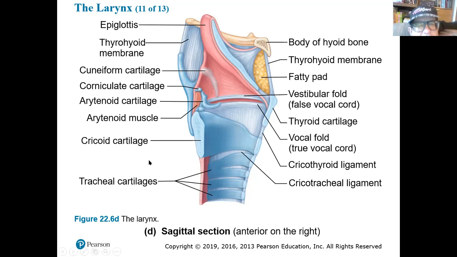Anything else in here? Let's point out again. So the epiglottis is above the glottis, sticking up. The cuneiform, it looks like cuneiform writing. So, yeah, the epiglottis is above the glottis, and it will bend down and keep things where they should be.